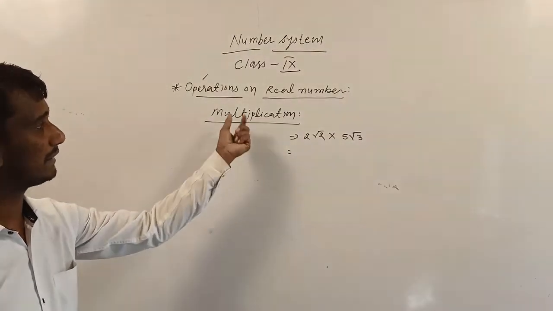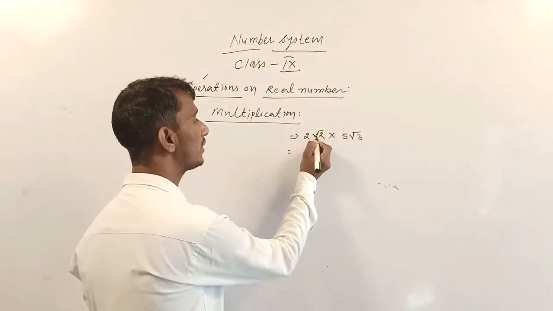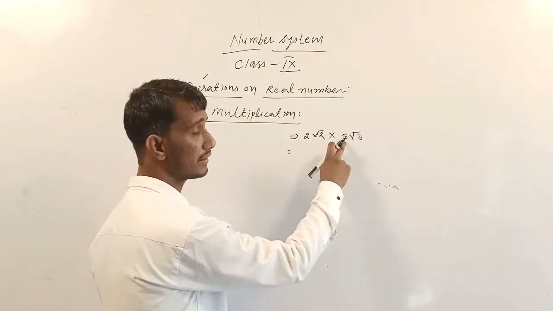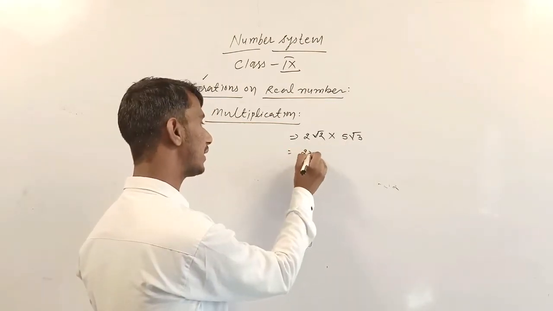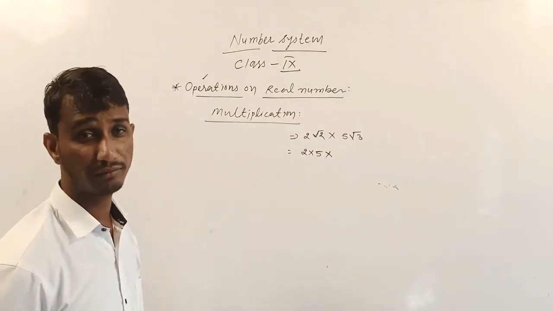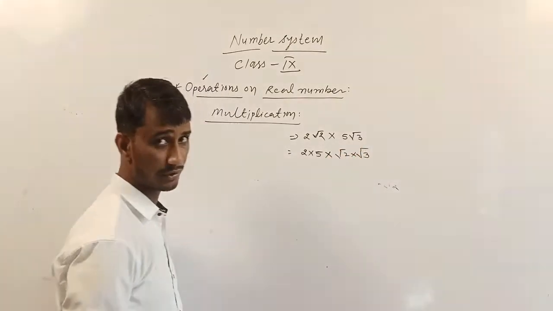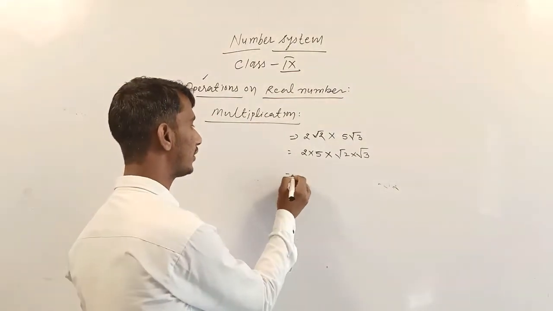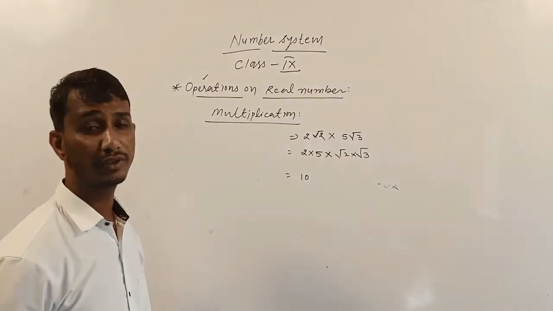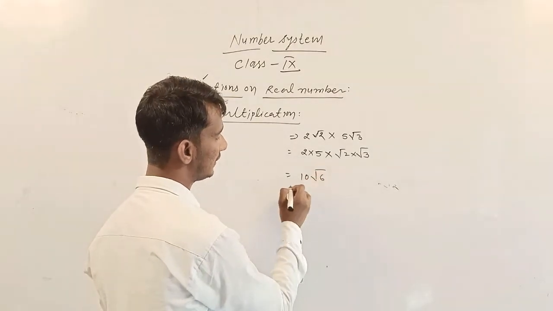First, find the product of the rational numbers. Here the rational number is 2 and here it is 5. So first we multiply the rational numbers, after that the irrational numbers, root 2 into root 3. 5 twos are 10, and root 2 into root 3, 2 threes are 6, so we write root 6. That is your product.